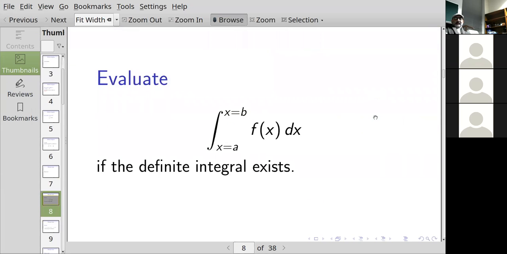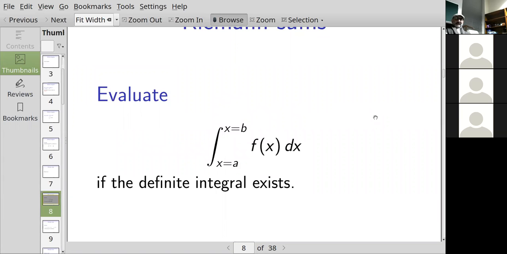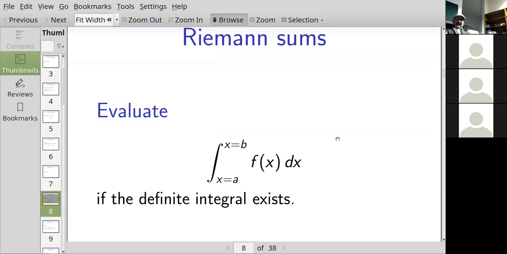So if we're going to do integration by Riemann sums, then we have to represent this area. This is the area under the graph of y equals f of x from x equals a to b. We're trying to find that area, and we find that area using Riemann sums like we did in the previous session.